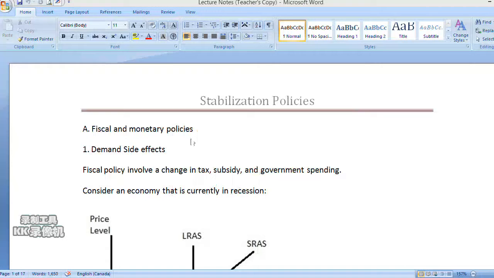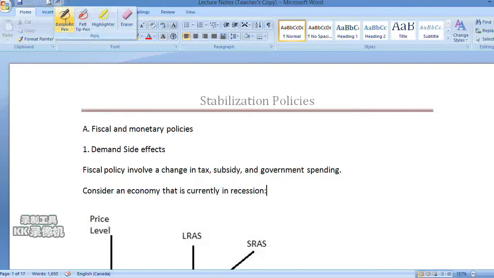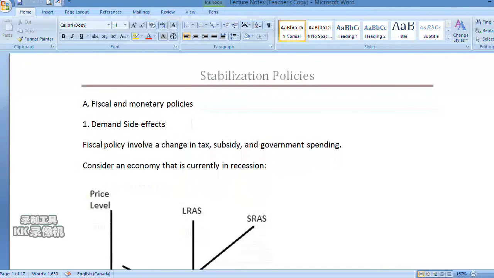In this session, we will be looking into both fiscal and monetary policy, as well as stabilization policies. So when we are looking into the fiscal policies, we have the demand side effects.